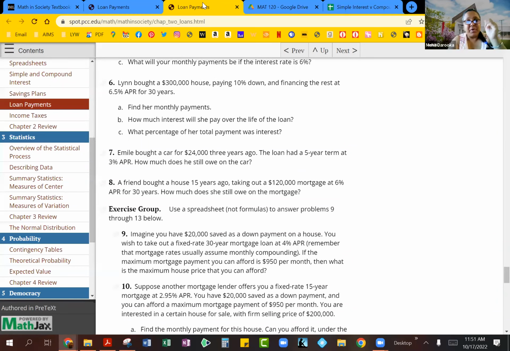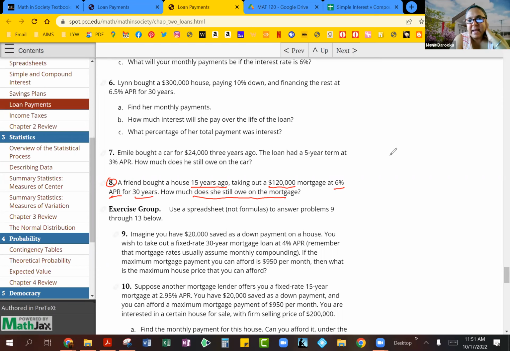Okay, let's look at number 8. This one is a little bit different here. Number 8 is talking about a friend who bought a house 15 years ago, taking out a $120,000 mortgage at 6% APR for 30 years, and they want to know how much she still owes on the mortgage.